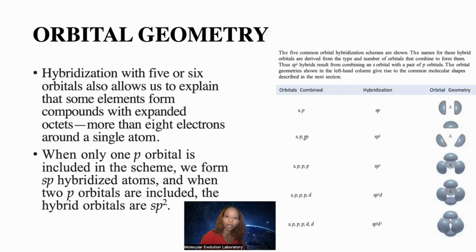One s orbital, 2 p orbitals would give sp2. One s orbital, 3 p orbitals give sp3. One s orbital, 3 p orbitals, 1 d orbital will give sp3d. One s orbital, 3 p orbitals, 2 d orbitals will give sp3d2, and these are the corresponding geometries of each.